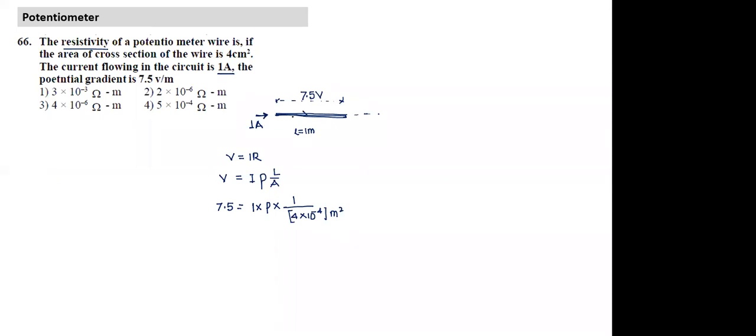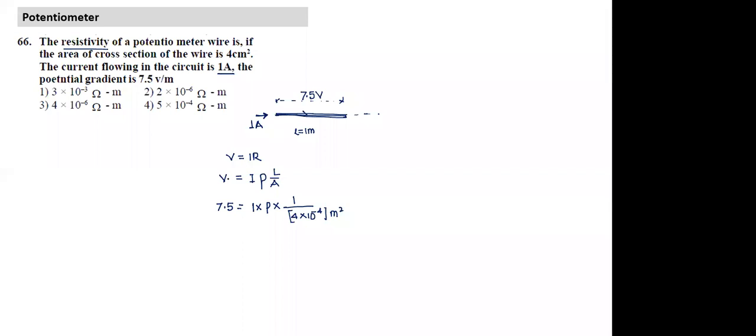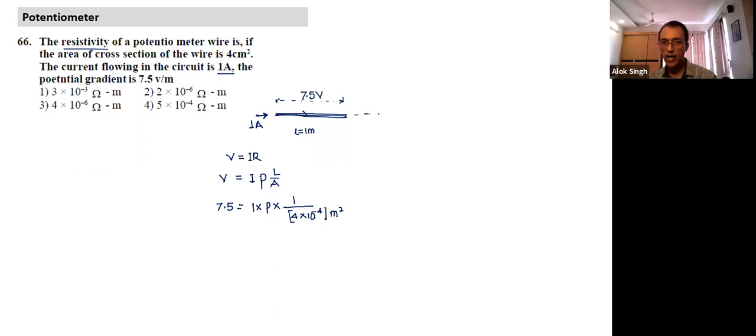Yes, sir. So this wire also has resistance. If voltage is given, current is given, can I apply Ohm's law? V is equal to IR. And since we have to find resistivity, in terms of R, I write resistance in terms of physical dimensions and resistivity. R is equal to rho into L by A. Now the rest of the substitution, V is 7.5 volts, current is given.